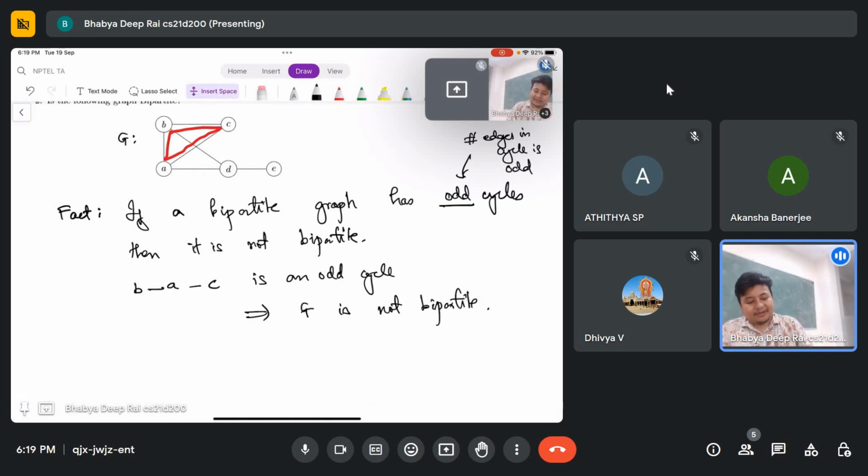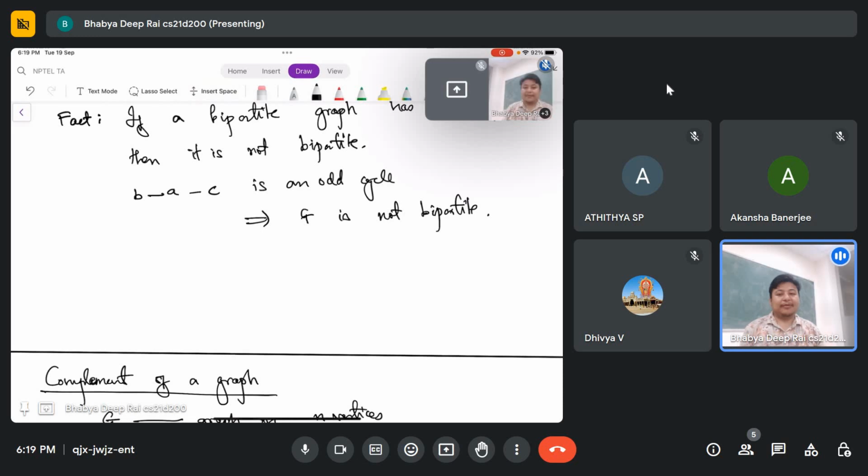I told you guys to try it first because this was done in the lectures also. But the concept is quite simple. It just means that if a graph is bipartite, I can partition it into two vertex sets. Let's call them L and R. And if the bipartite graph were to have a cycle, my claim is that it can only be even.